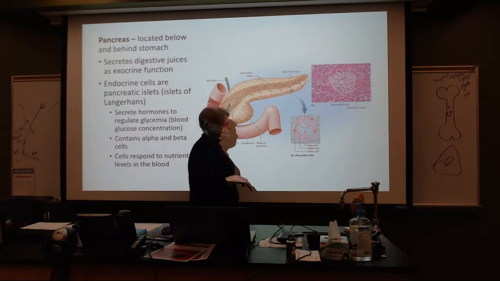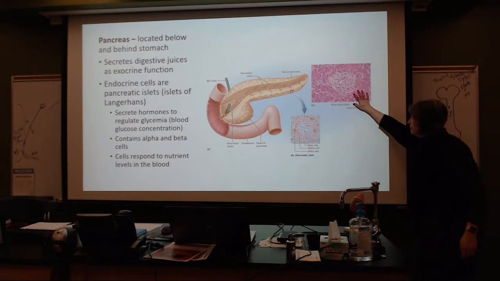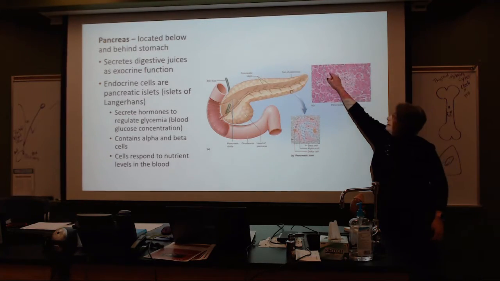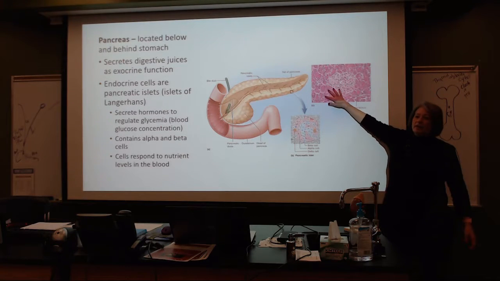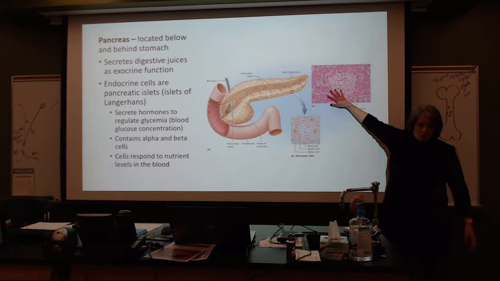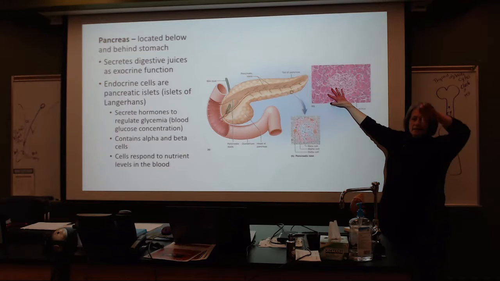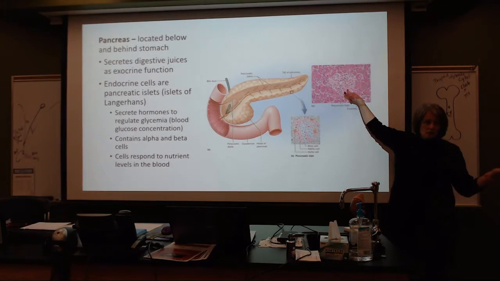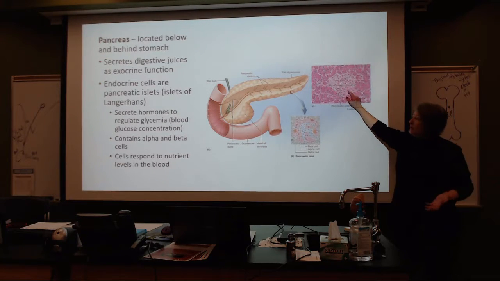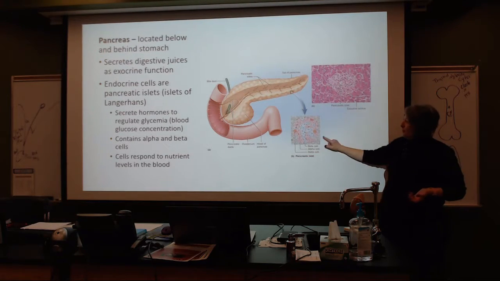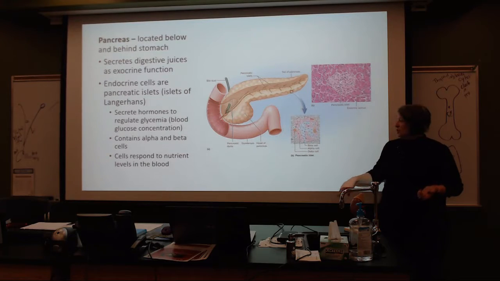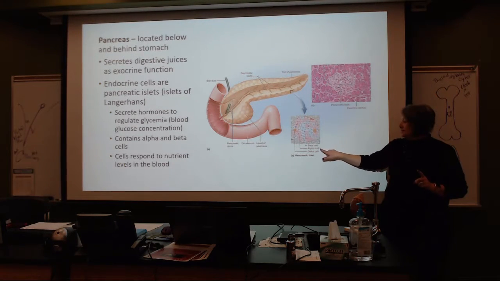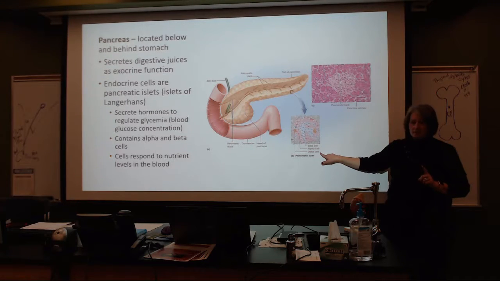So, when you look at the pancreas under the scope, it looks like there are two different areas of cells, and embedded throughout it looks like these little islands. Therefore, the term islets. If you look at their structure, these islets are said to have beta cells, alpha cells, and delta cells.